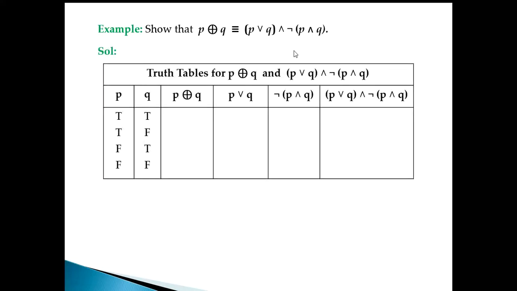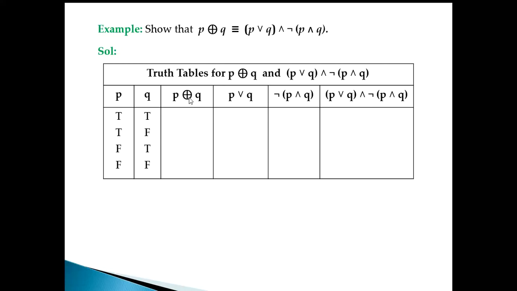Next, we take another example. Show that P XOR Q is equivalent to P or Q and negation of P and Q, right? Here we use a truth table. We make our truth table to calculate these values. First, we have the two propositions P and Q, so we have the four values of these. Now first we calculate P XOR Q. We earlier studied the XOR, exclusive OR.